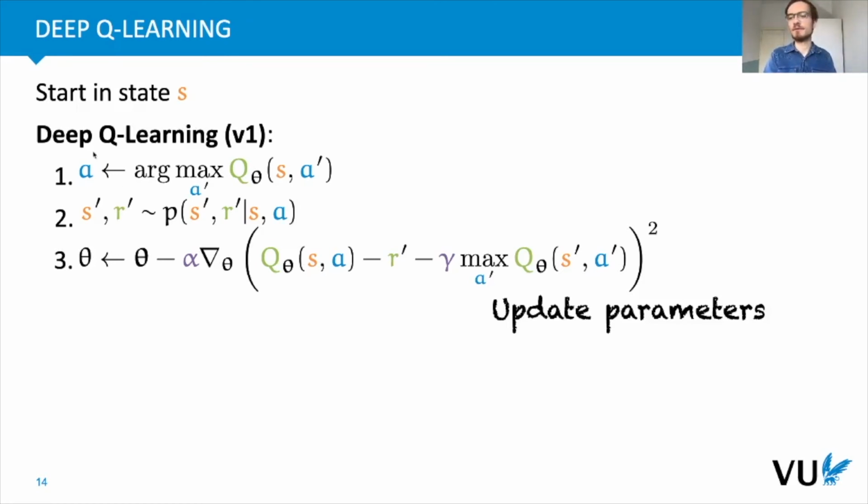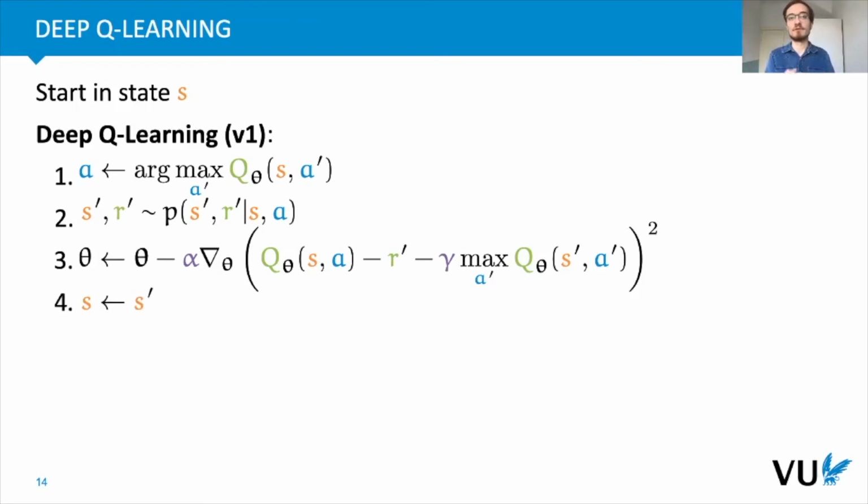So we compute the gradient. We want to minimize the difference between what the neural network predicts and the target, which is basically the reward in the next state plus this discounted estimate of our Q function in the next state.